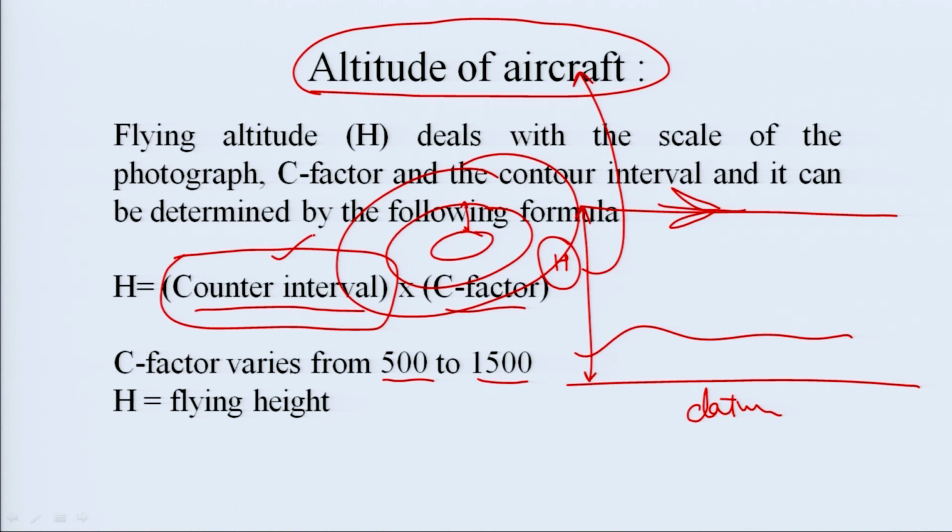In aerial photography, it can be defined as the interval between two different points at the time of exposure. Here this is the contour interval, and the value of the C factor is about 500 to 1500, and using this we can also calculate the altitude of the aircraft, that is capital H.